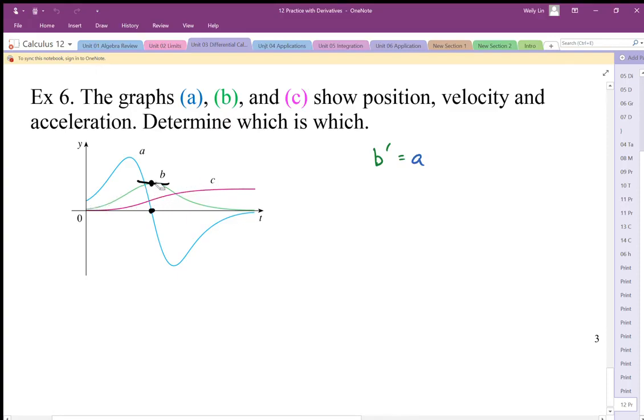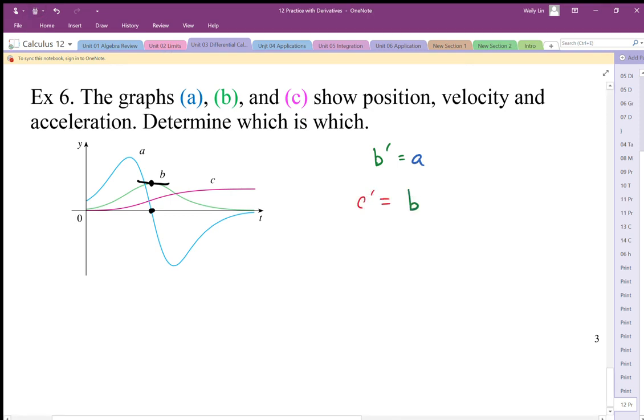Well, b follows that type of pattern. It's always positive, it's always increasing, it speeds up, and it slows down. So that implies that b must be the derivative of c. So c prime is equal to the b function.